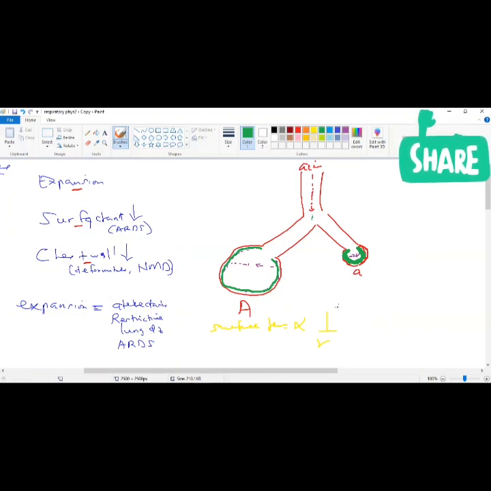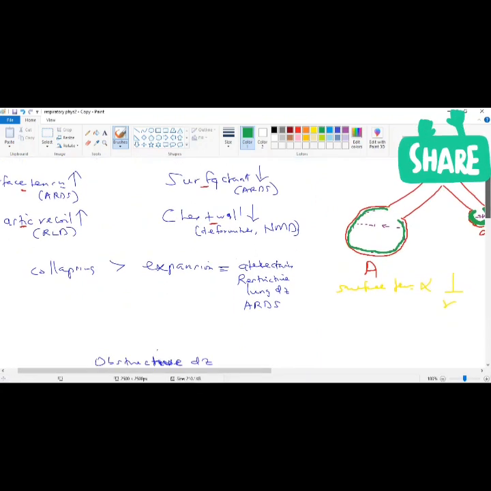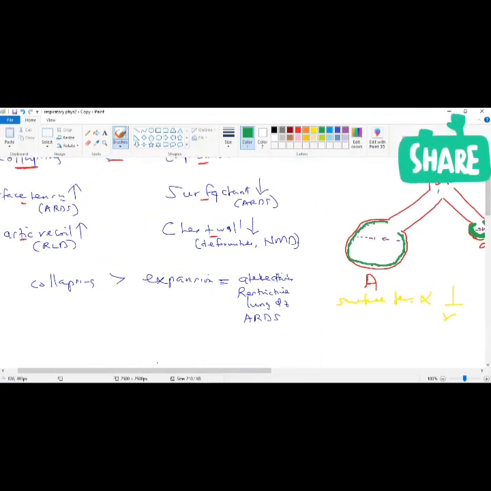So what happens to the work of breathing? It takes more energy to expand the lung, too much surface tension, and they get very, very tired. So if the collapsing force is greater than the expanding force, that will lead to what? Restrictive lung disease, like atelectasis, ARDS.